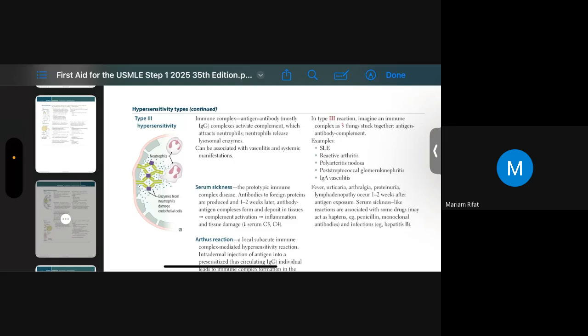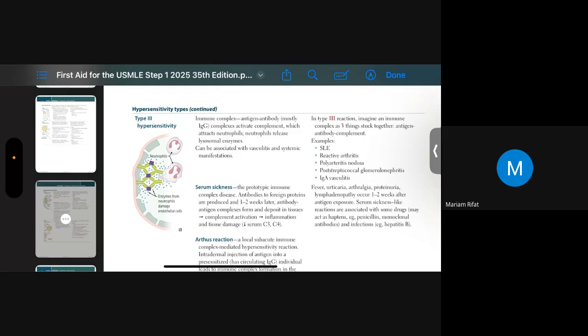So whenever they're deposited in the tissues, they're going to activate the local tissue complement system in order to destroy them. But in attempt of destroying these immune complexes, the complement system basically destroys your own body tissues as well, right? That's the main theme you should keep in mind.